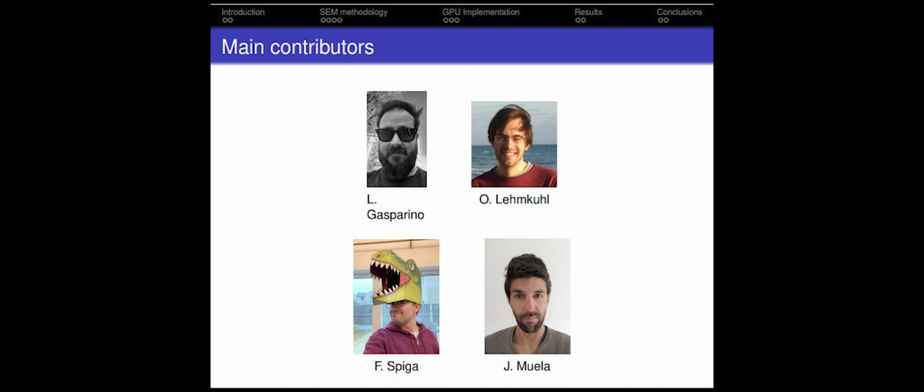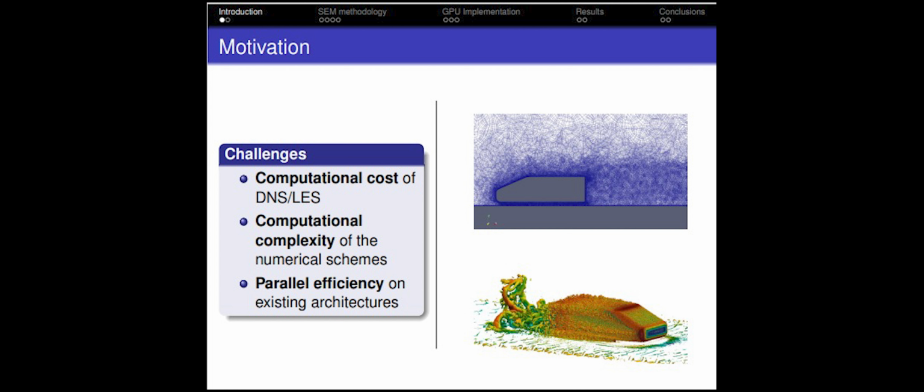LES and DNS, or large eddy simulation and direct numerical simulation, are forms of numerical simulation of flows that require intensive meshing, as can be seen in the picture above. And there is also the problem that we try to resolve as many turbulent scales as possible, which means not only a fine mesh, but also small time steps. So we need a large quantity of time steps over a large mesh, which compounds rather quickly.